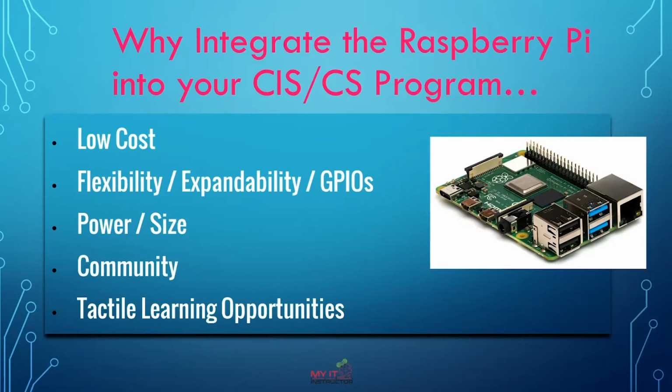The flexibility and expandability of this unit: it's got USB, it's got Ethernet, it's got Wi-Fi, it's got the GPIO pins, which are these little guys right here, which allow me to connect all kinds of sensors and arrays and all kinds of other things, and I can build things, I can make things, I can be creative with a computer in the physical world.